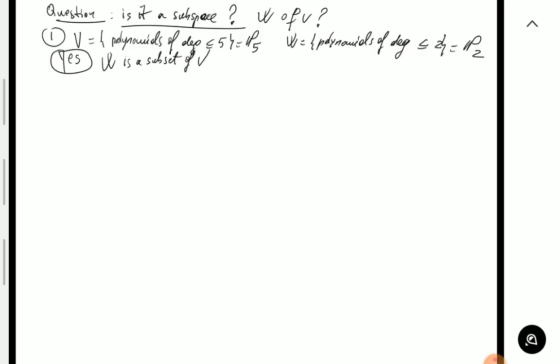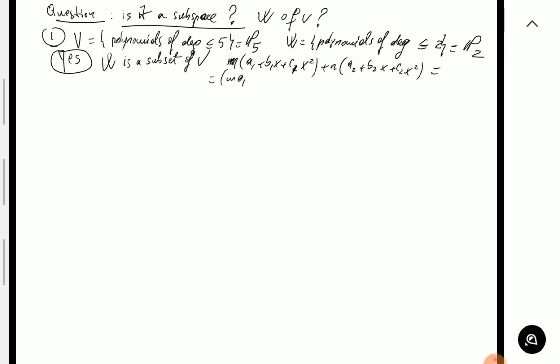Is it closed under linear combination? Yes, because if I take any two, M times a1 plus b1 x plus c1 x squared, calling the first scalar M, plus N times a2 plus b2 x plus c2 x squared.